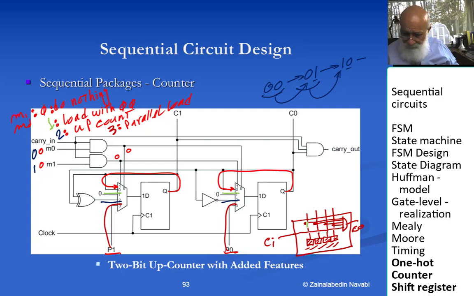Okay. Carry in ended with the 4 flip-flops. Carry in ended with the 2 flip-flops in this case here.